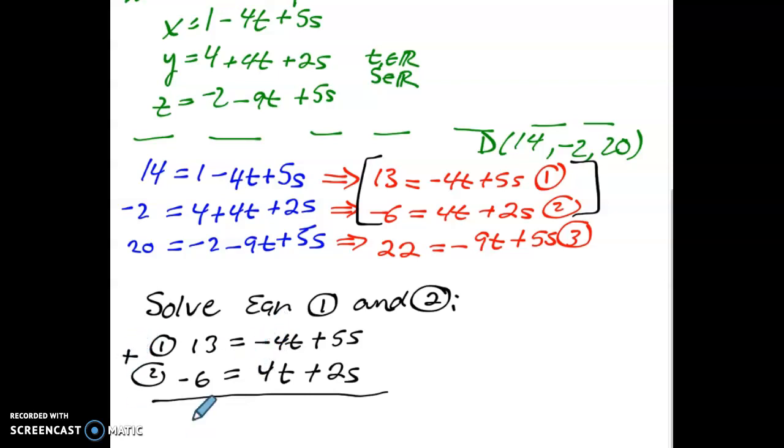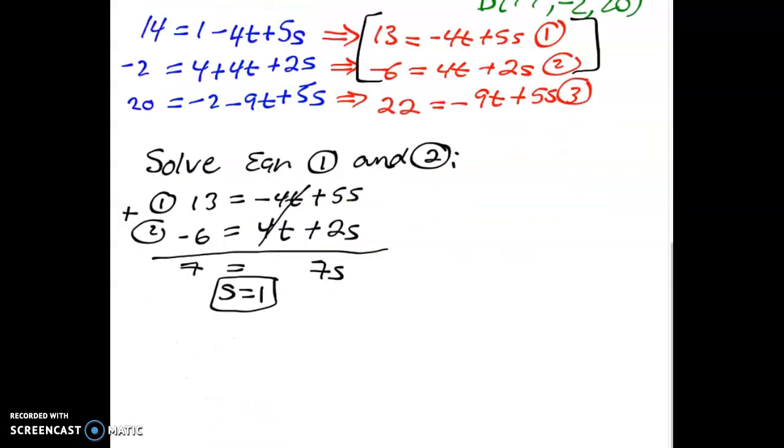I'm going to add the equations. So 13 plus -6 is 7 equals, these would cancel out, so there'd be a 0 left. And then 5s plus 2s is 7s. And 7 equals 7s means that s equals 1. Okay, so there is my s value.